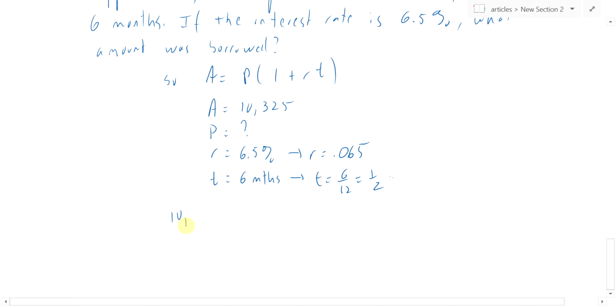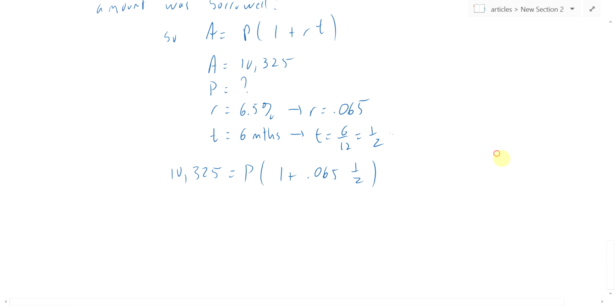So we get 10,325 equals P, which we don't know, times 1 plus 0.065, that's our interest rate, times 1/2. If you multiply all this out here on the right, half of 0.065 is 0.0325 plus 1.